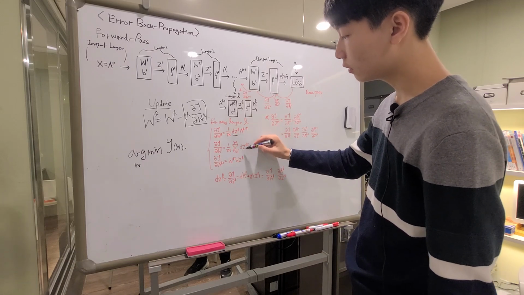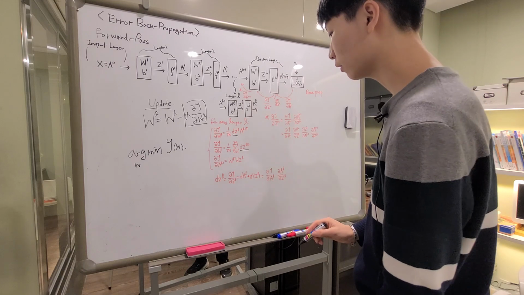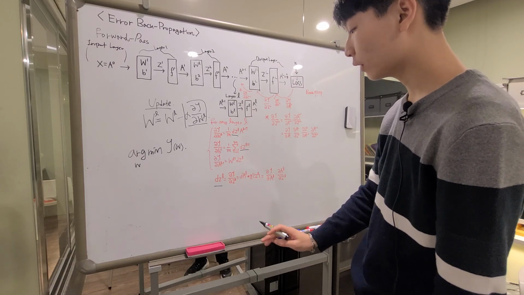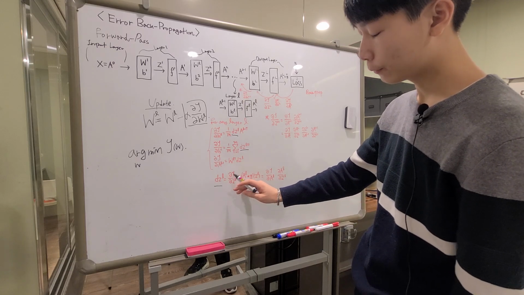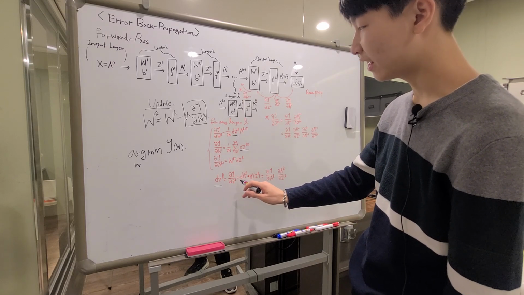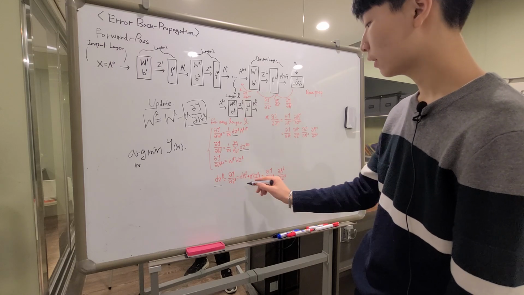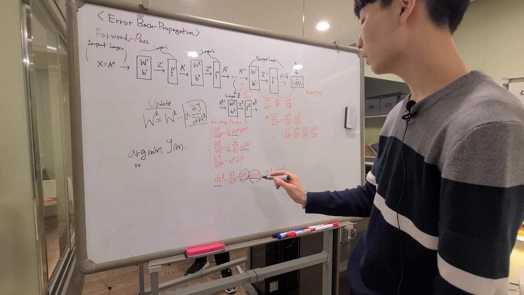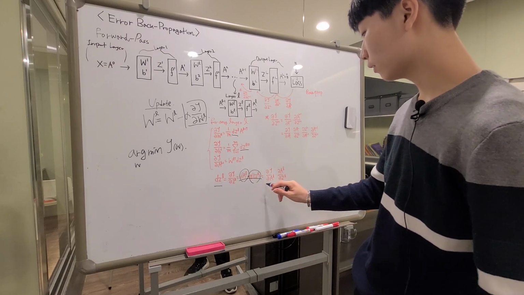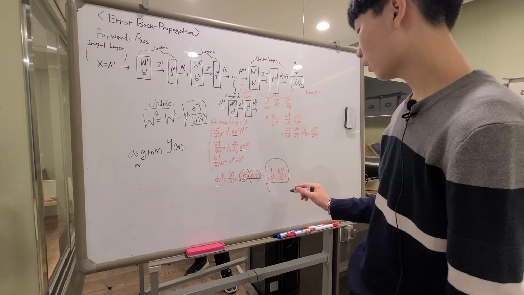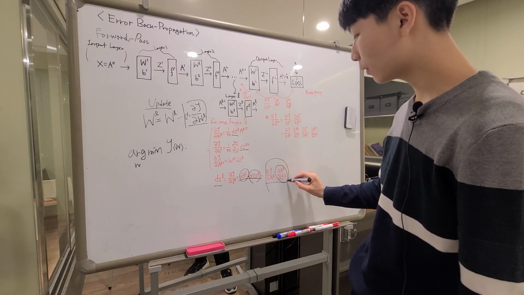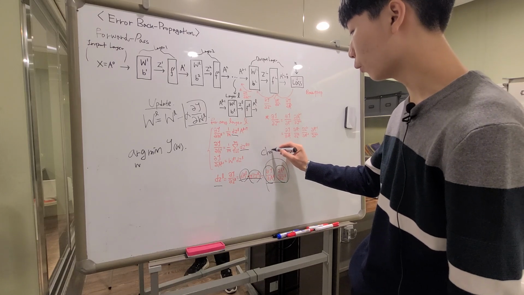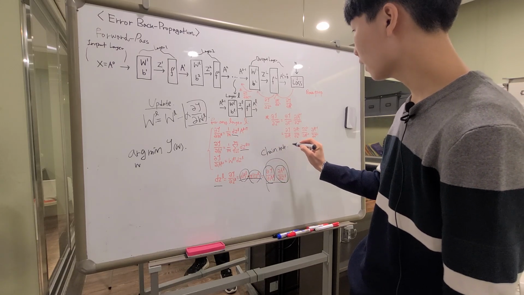They all depend on dZL, as you can see here. dZL is the derivative of the cost with respect to ZL, the pre-activation, and it requires us to calculate dAL and g prime of ZL. We can calculate this very easily, but this actually requires the use of what's called the chain rule.